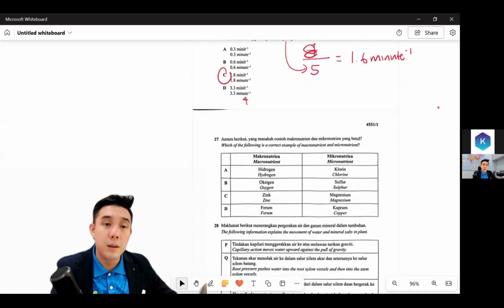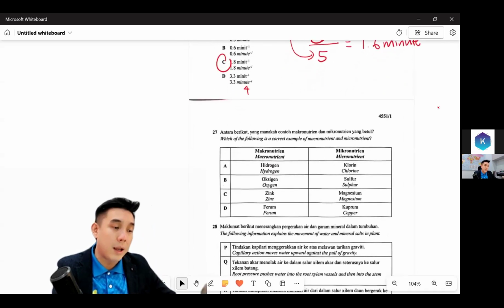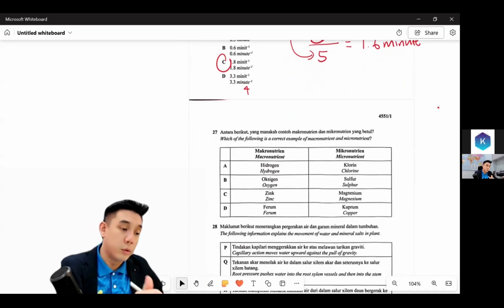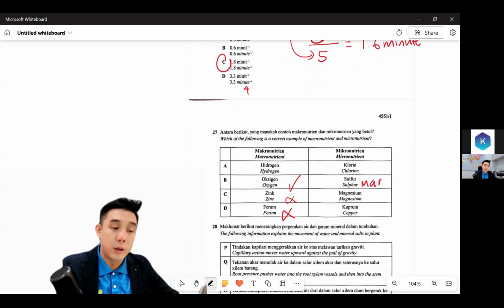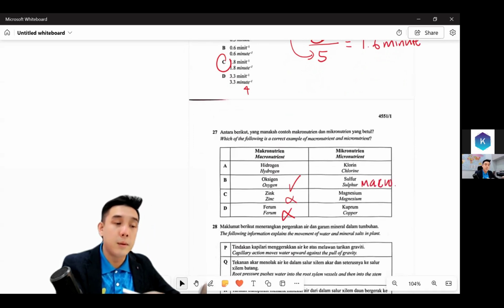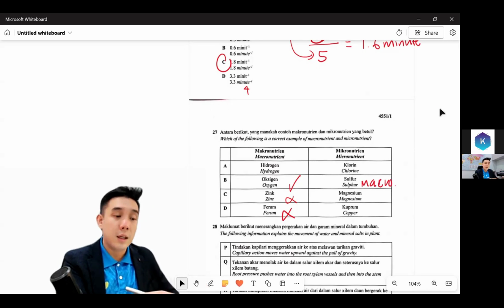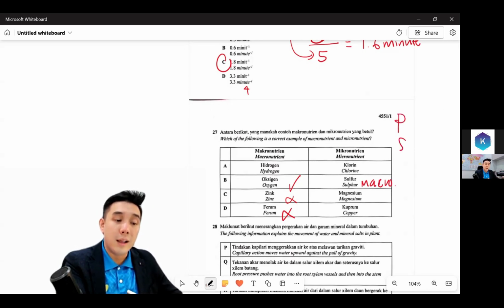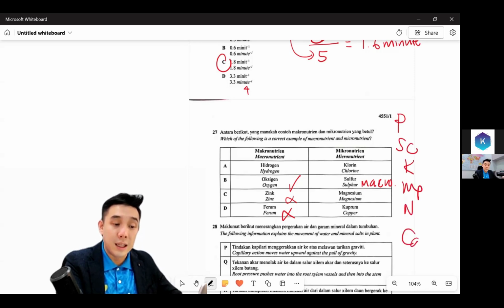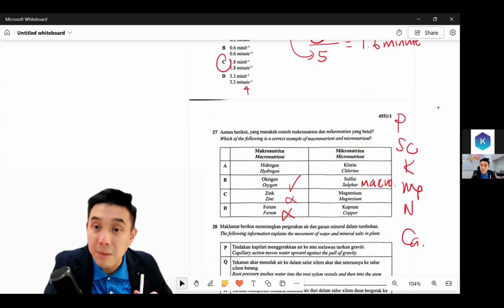Now, for number 27, macronutrient and micronutrient. Ferrum is not. Zinc is not. This is okay. But this is a macronutrient, sulfur. Guys, if you remember this mnemonic, perempuan sains Korea memang nak cantik.